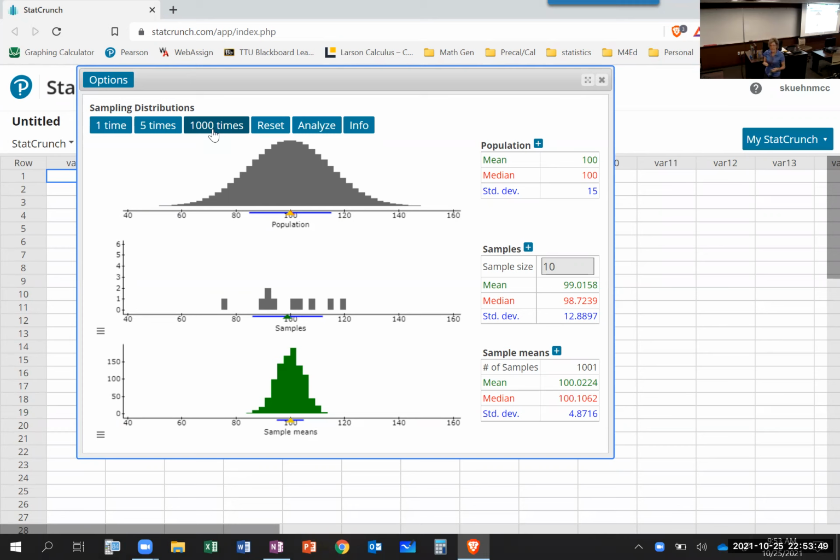So if we've decided that the overall shape of our sample distribution is still a normal distribution, now I want you to compare for me the mean of the population versus the mean of our sample means. Pretty close, isn't it? Okay, so that should be kind of comforting.